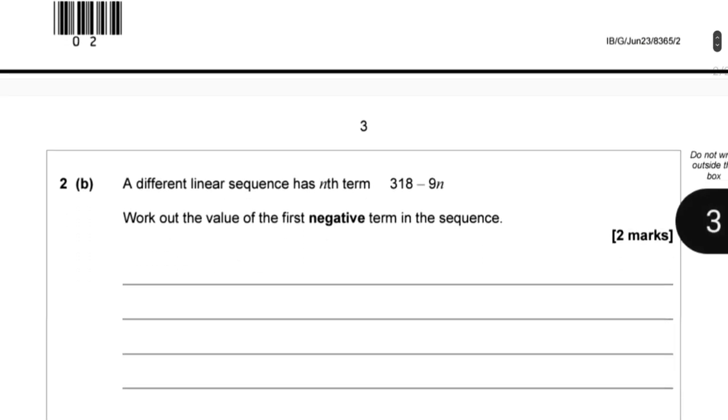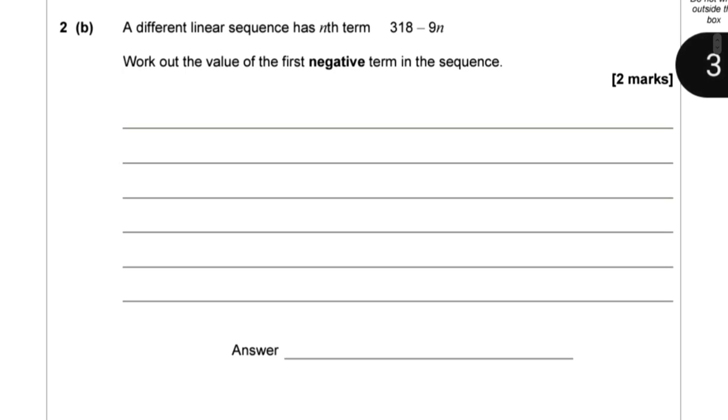Then let's move quickly to this. The question says a different linear sequence has nth term to be this. So they're telling us that Tn is equals to 318 minus 9n. Now we are asked to work out the value of the first negative term of the sequence.